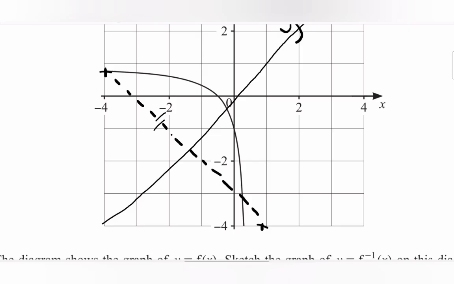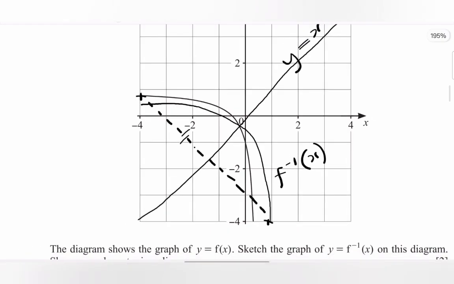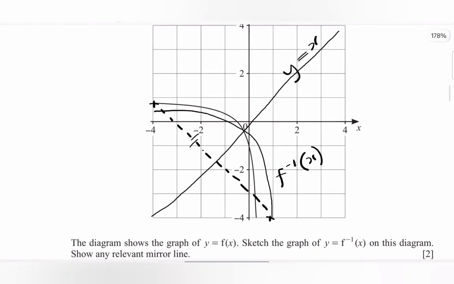So it will be somewhere here. So now reflecting it, we get this, that, and that will be our reflection, which is our inverse graph being reflected in the line y equals x for 2 marks.